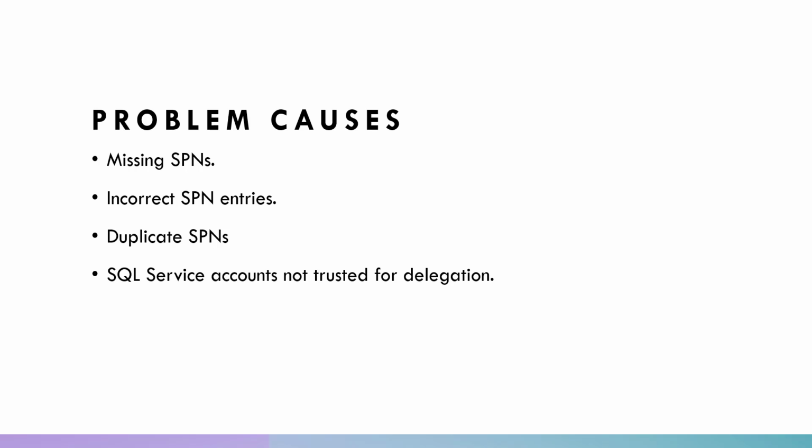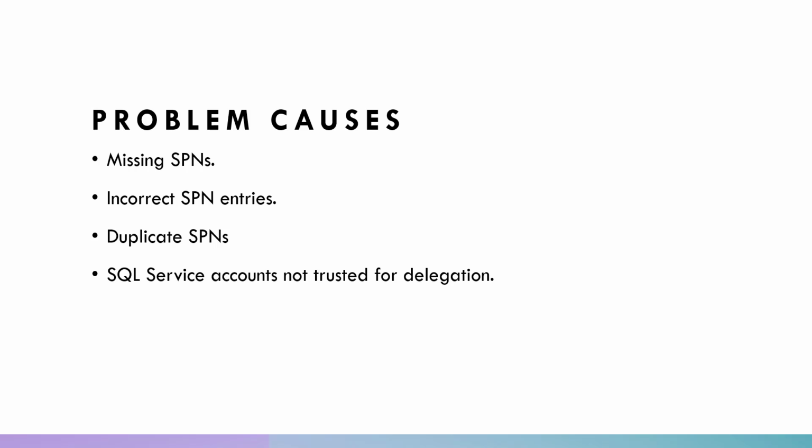Kerberos authentication failures can happen for a variety of reasons, including a missing SPN, which means the SPN is not registered in Active Directory. Also, incorrect SPN entries, where the SPN exists but the port number is incorrect, or it exists on a different account other than the SQL Server's account.